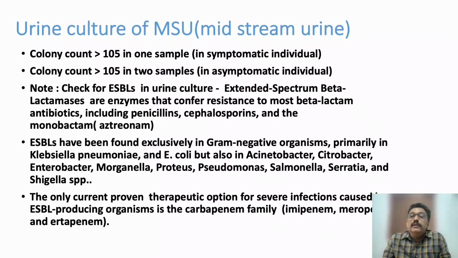And one more important thing is we have to follow up the cultures, previous cultures or next cultures, because if a patient is coming with recurrent urinary tract infection with the same organism in all previous cultures, you have to remember that the treatment was incomplete, and this is the organism which is coming from inside.